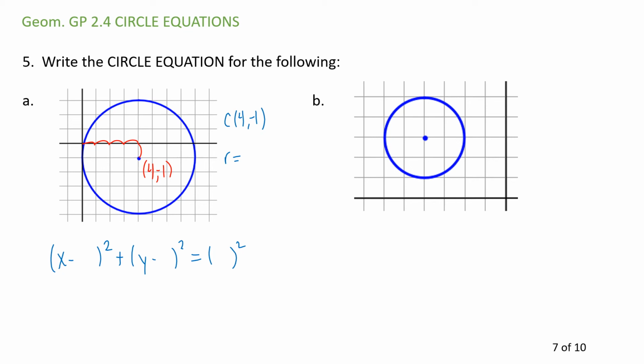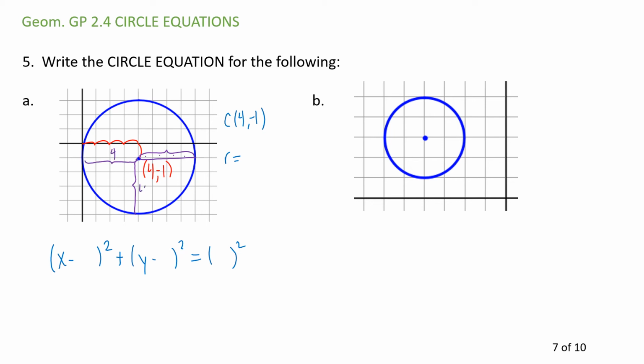All you need to do is count the distance from the center to the edge. There are 4 places on this circle where that's easy to do. I can see that this is 1, 2, 3, 4 blocks. It's 4 blocks this way as well. It's 4 blocks this way. It's 4 blocks up. It's actually 4 in any direction.